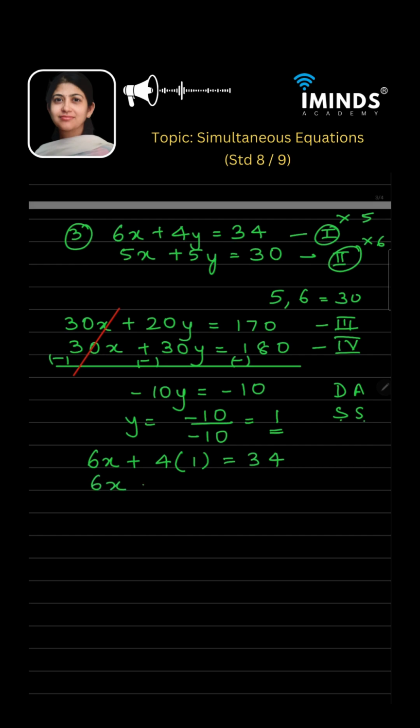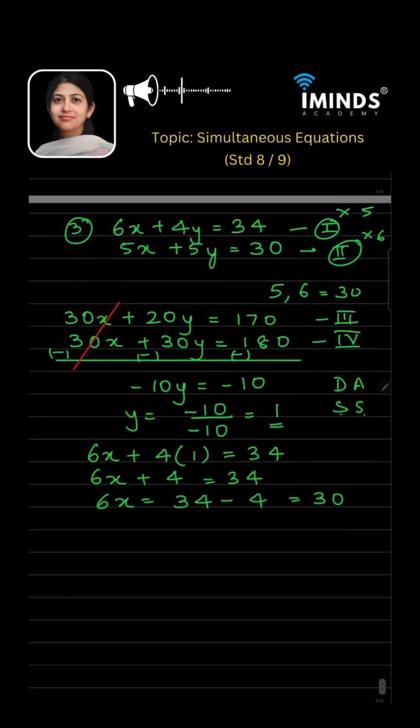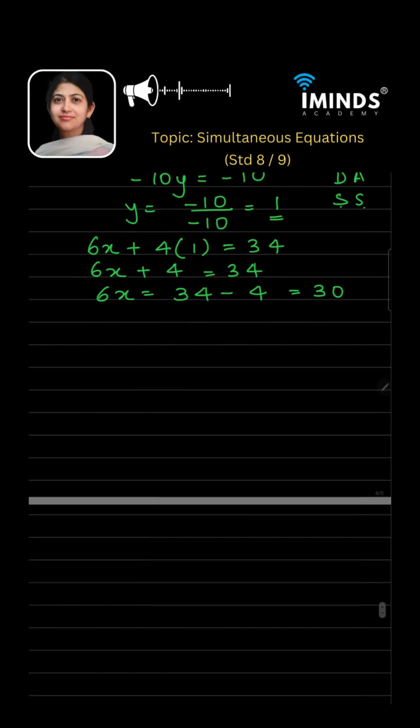So 6x plus 4 is equal to 34. 6x is equal to 34 minus 4, that is 30. So my x is 30 divided by 6, that is 5. Okay, so my solution set for the given two linear equations is 5 and 1.